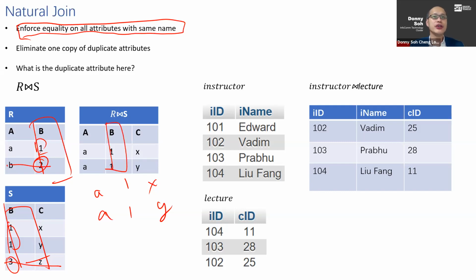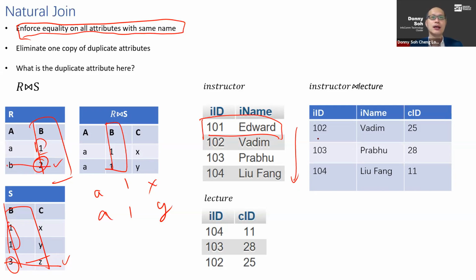Okay, but this is a good and a bad point of natural joins. You lose these conditions that you don't have a corresponding entry to. For instance, over here, we have 4 lecturers. Let's say Prof. Edward does not give any lectures for that trimester.